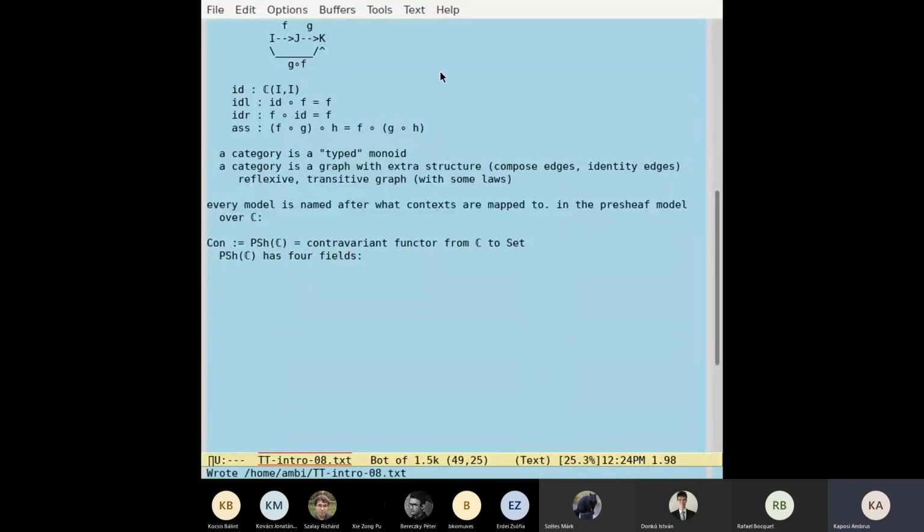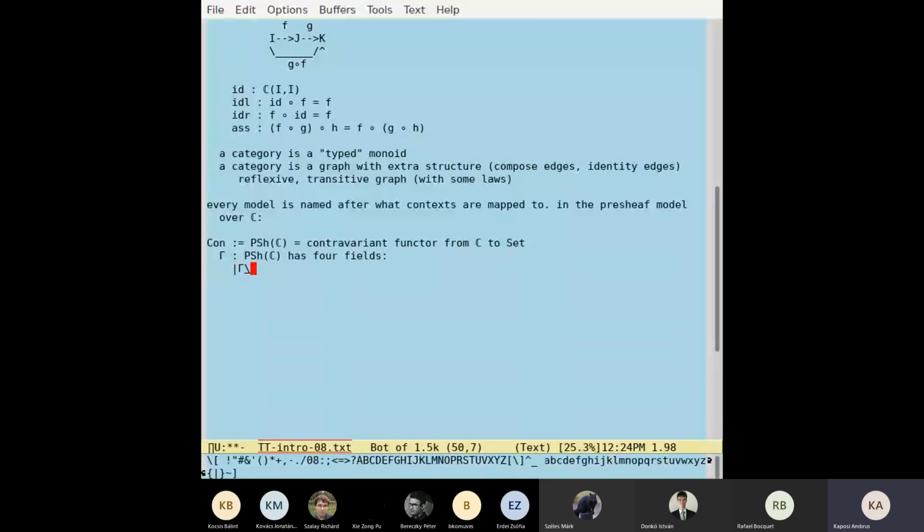Okay, so a category, which was the parameter, had several fields, and now a presheaf over C has 4 fields. So let's see what these 4 are. If gamma is a context in this model, then it is a presheaf over C. And it has the following 4 components.